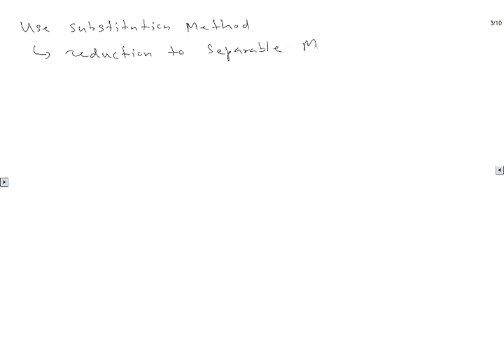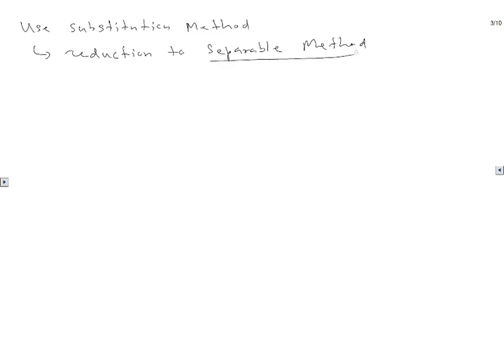We use the substitution method, or the direct substitution. Once you use the direct substitution, you're going to reduce this problem to a separable equation. So what we normally call the reduction to separable method. Some people call it like that.